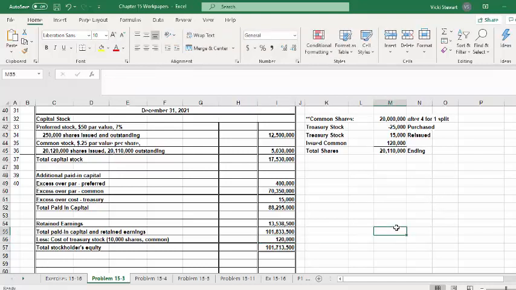So the ending total stockholders' equity at December 31st, 2021 was $101,713,500. And that is the conclusion of the demonstration for problem 15.3b.